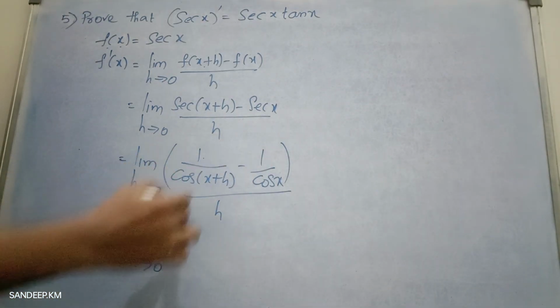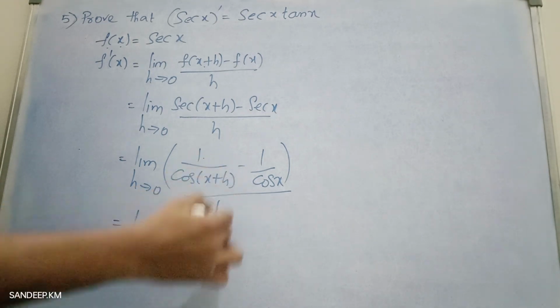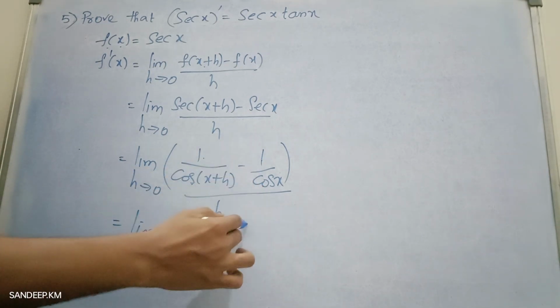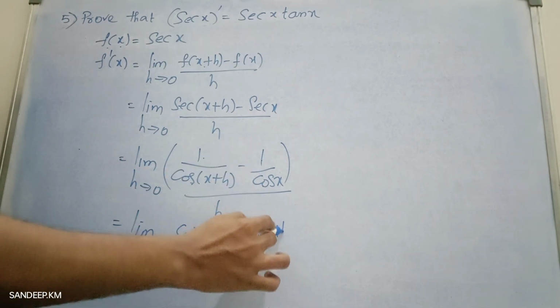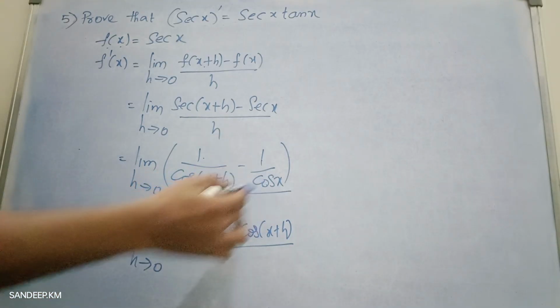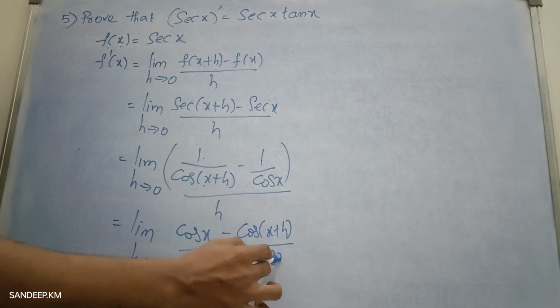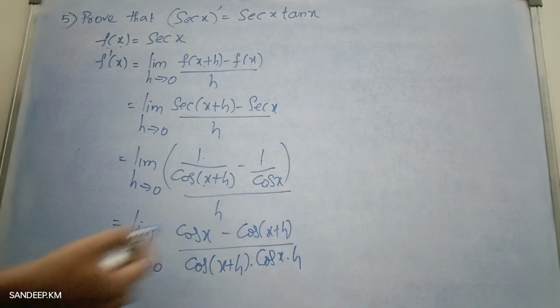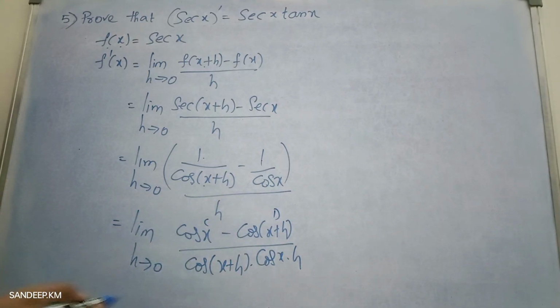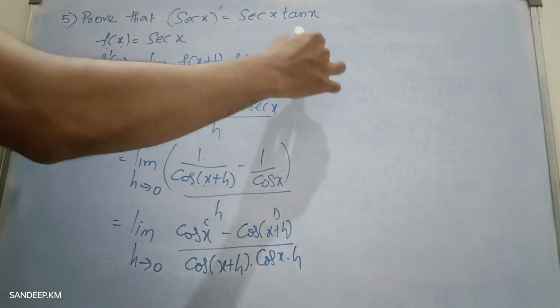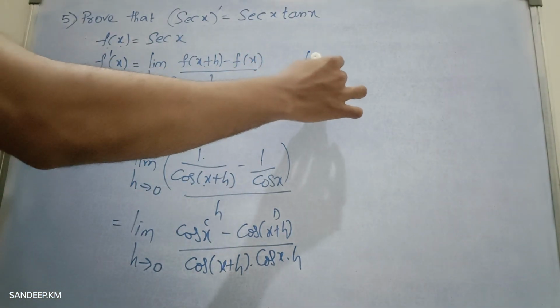So cos x into 1 is cos x, minus cos of x plus h into 1 is cos of x plus h, whole divided by this into this: cos of x plus h into cos x, and of course h also will come here, right? Now let me apply cos c minus cos d once again. Already we have used cos c minus cos d, so let us once again use it. So limit h approaches 0.